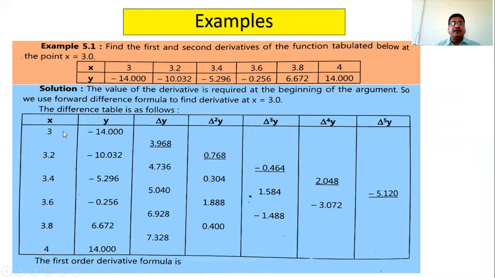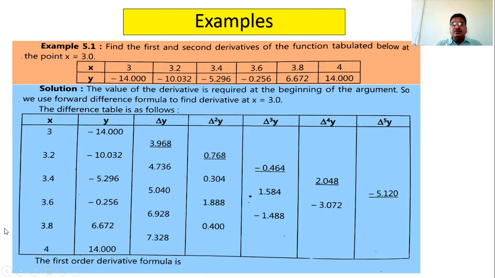So this is the forward difference table. The first column is the values of x, and the second is the values of y. Then delta y, delta square y, delta cube y, delta raised to 4 y, delta raised to 5 y. And these are the entries, and all of you know how the forward difference table is prepared.